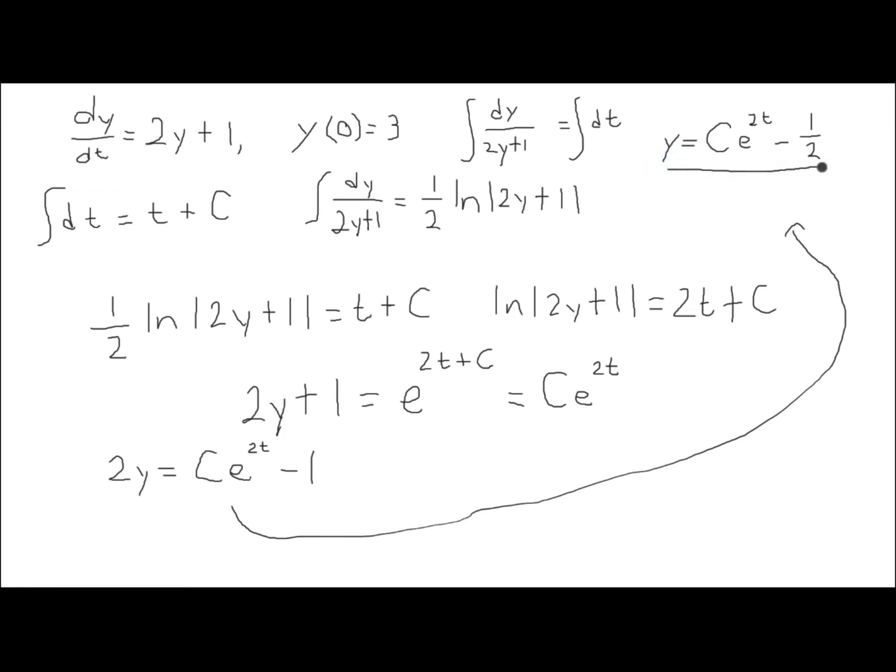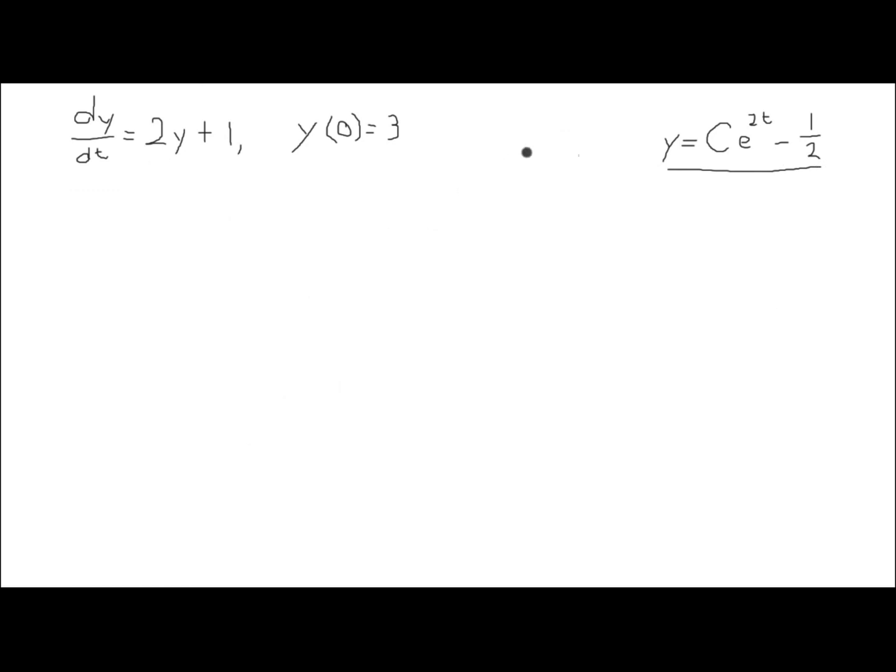But let's see if that actually fits the derivative. So now we're going to take this in two different ways. We're first going to take the derivative of the y function, and then we're going to also plug in this function for y and see if they equal each other. If they do, this means that this works for a general function. So the derivative of c e power of 2t minus 1/2.